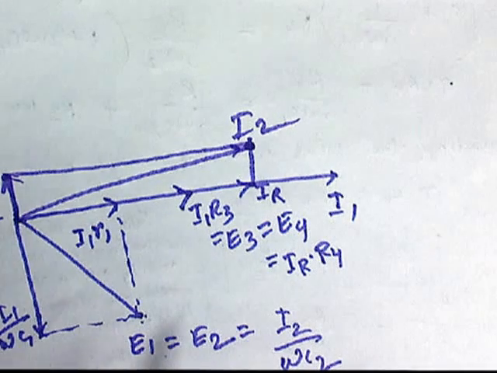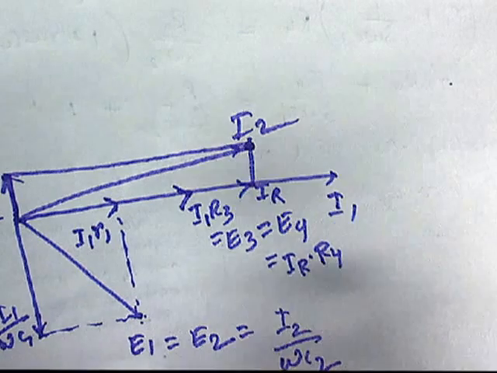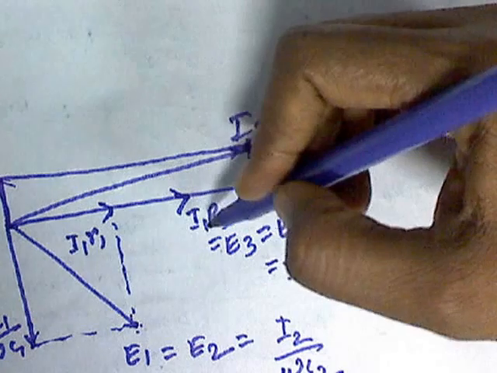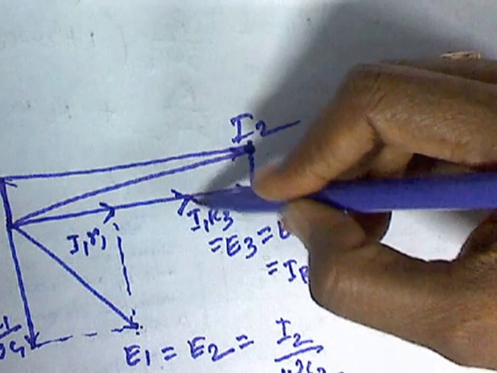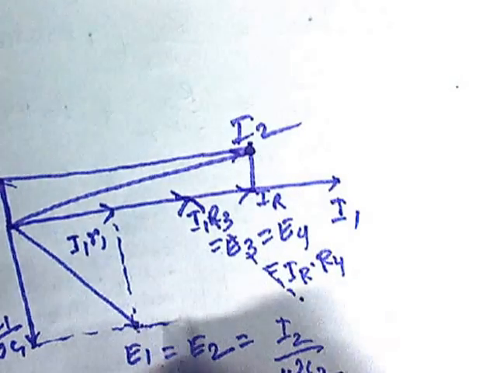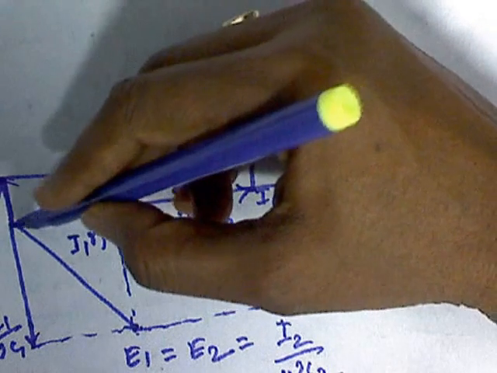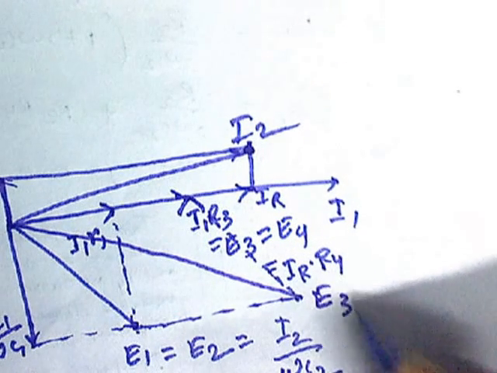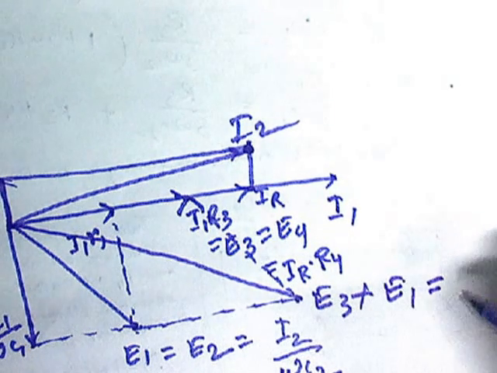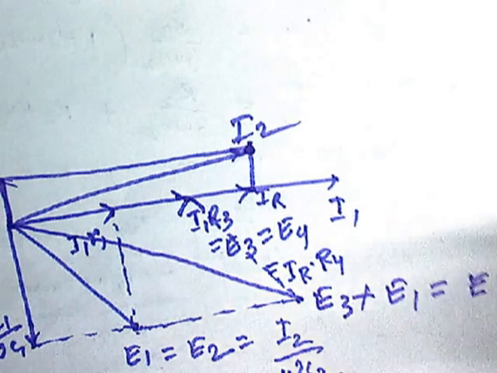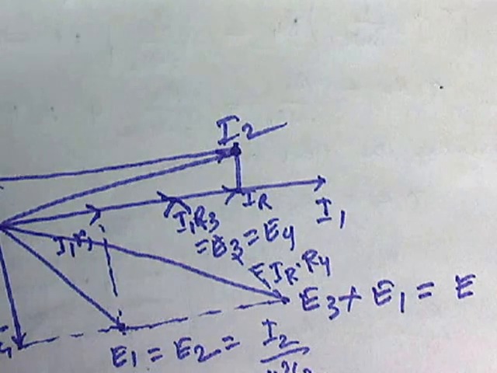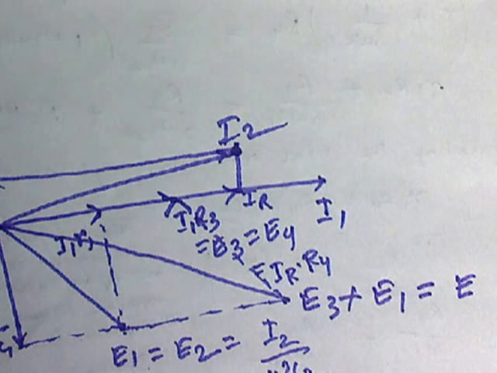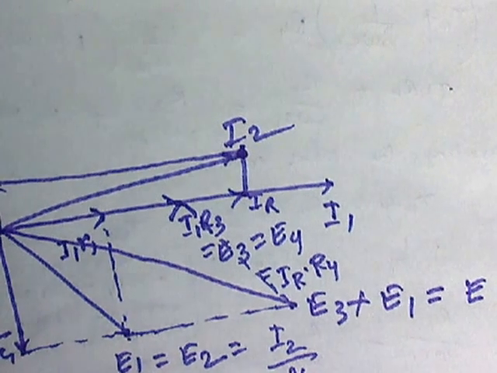This is the phasor diagram of the Schering bridge. Now you remember that E1 plus E3 must be equal to E. So we will draw E1 here, and this is E3. E3 plus E1 is equal to E. Now E3 plus E2, where is my E2?